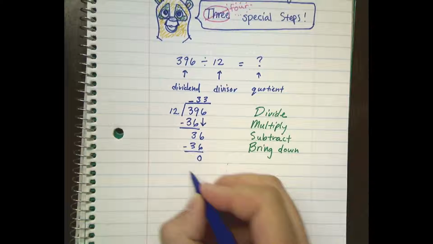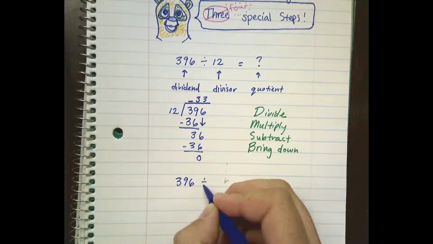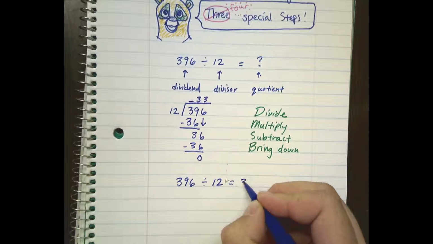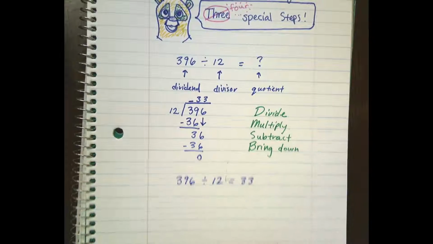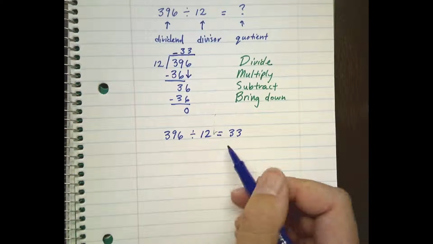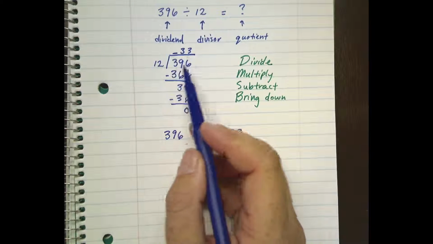So I can rewrite it and say 396 divided by 12 equals 33.